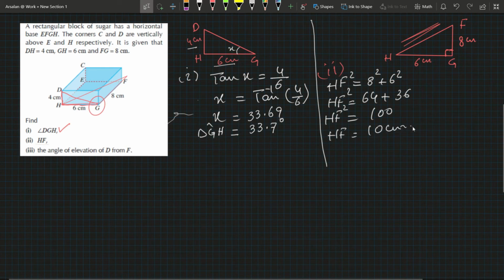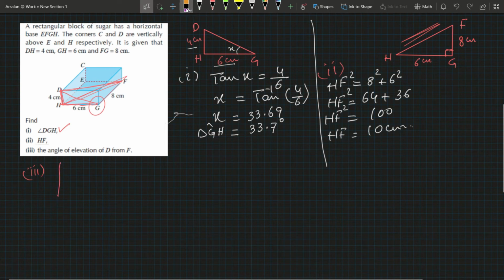And then we need to find the angle of elevation of D from F. Now D from F will be somewhere here, right? It is starting from D and going towards F, and you see with this diagonal line it is making a 90-degree triangle, right? So let's draw it separately. This is the third part. This time we are taking triangle DHF.